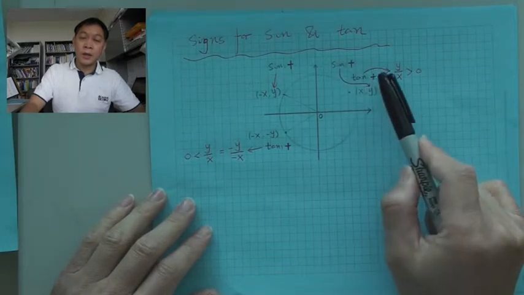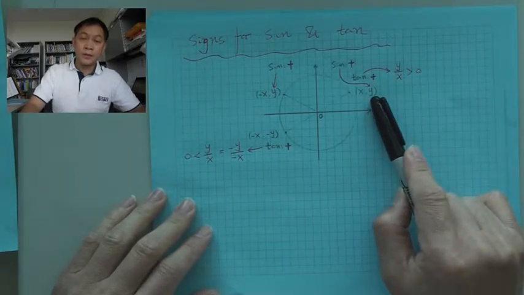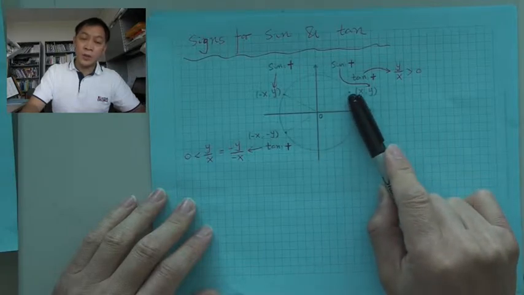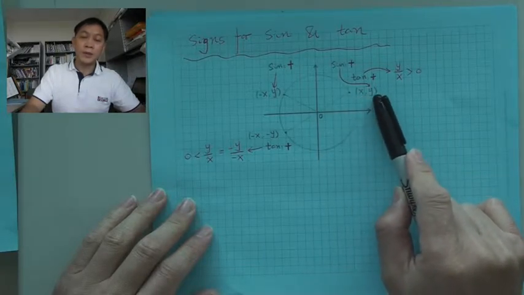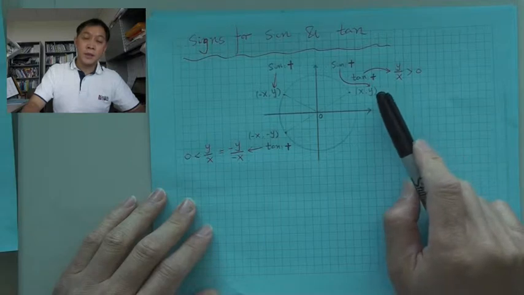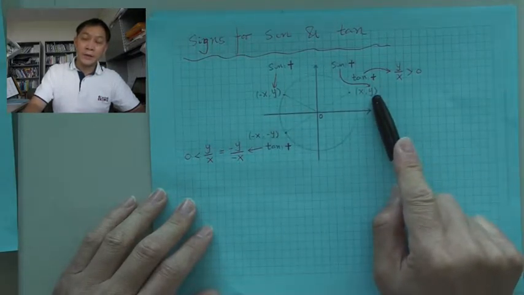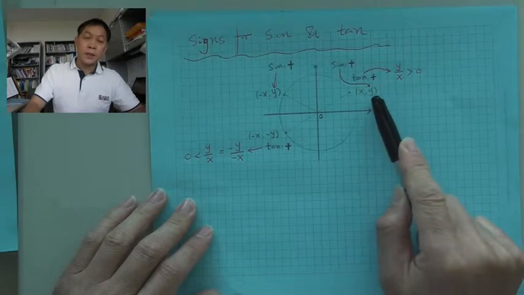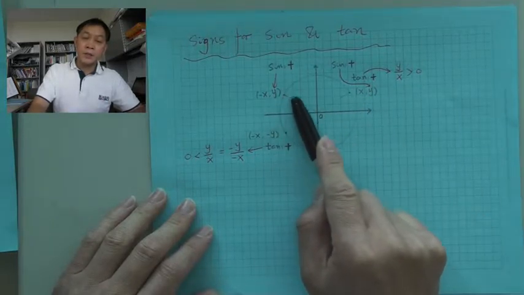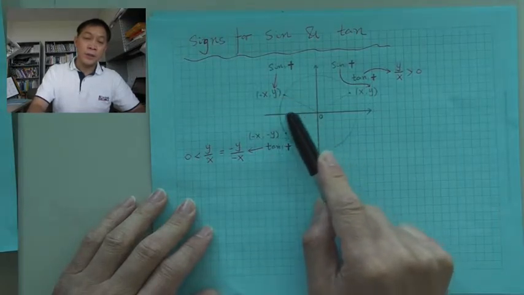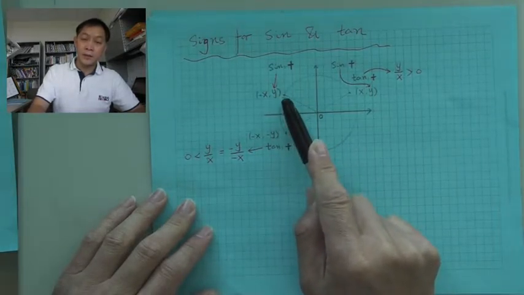Sine is y-coordinate. Okay. If the angle is in first quadrant, we have xy coordinate, and then we know sine is y. And for this angle, the angle is in quadrant 2. Sine is also y.